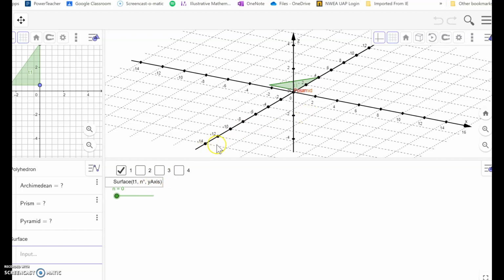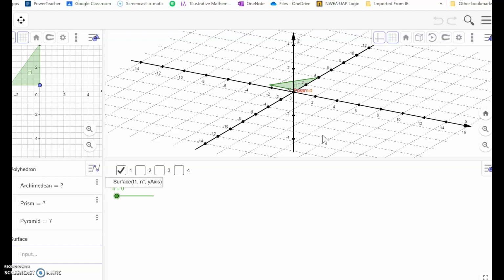A couple things: this axis that goes back into the computer screen, that's the y-axis. This x-axis goes across the front of the computer screen, and then the z-axis goes up and down. A little bit different to look at.